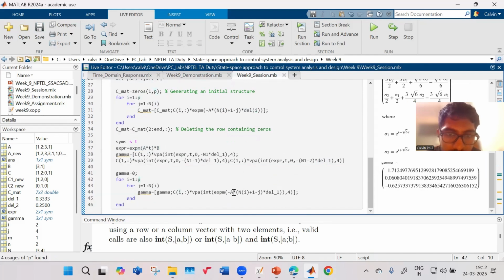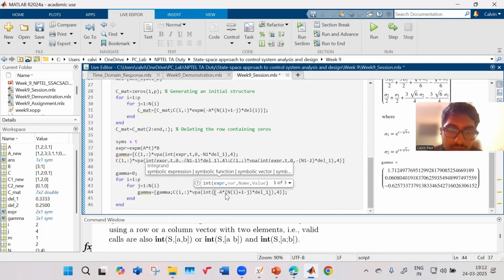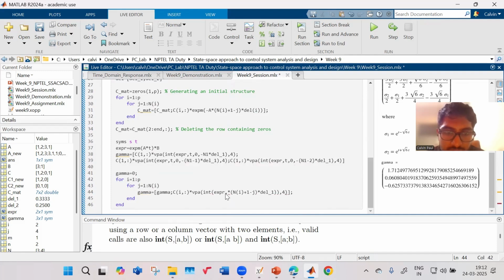That will be integral of expression from p 0 n of I plus 1 minus j into del of I. Let us run this one to one.